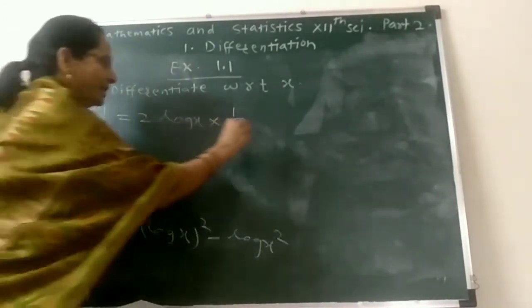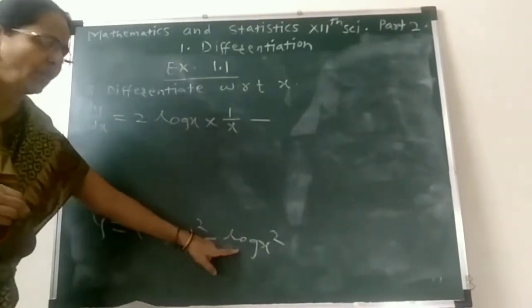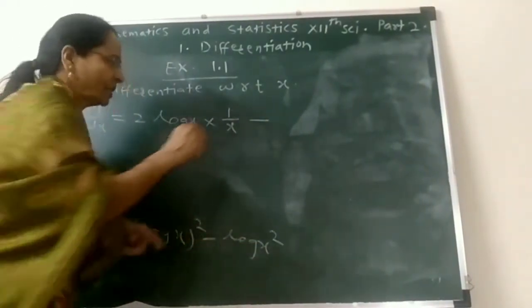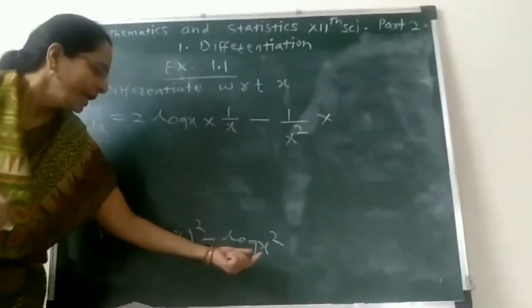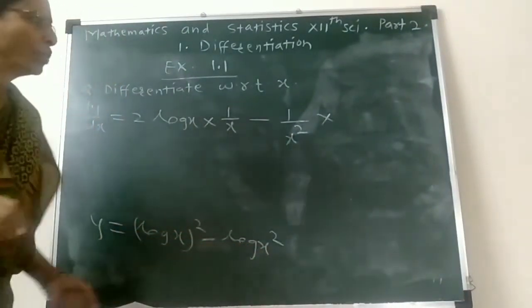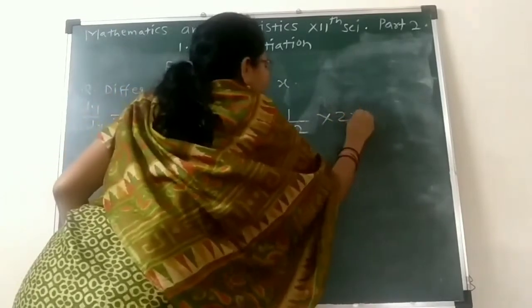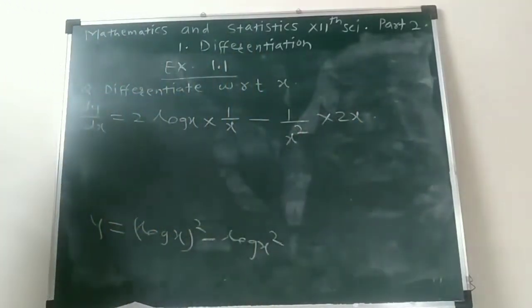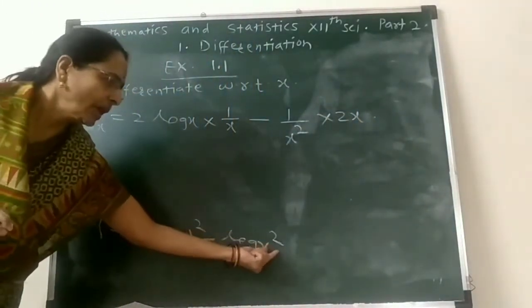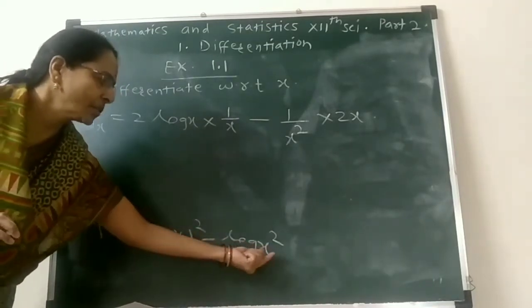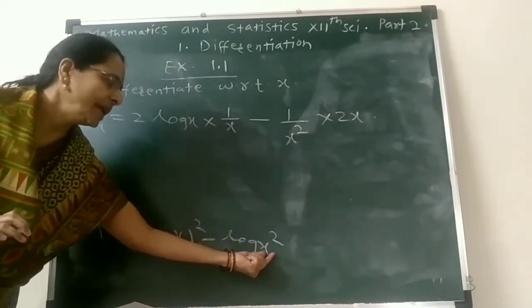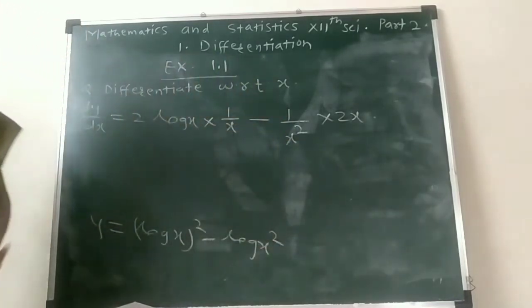Then minus log x square, derivative is 1 upon x square, into derivative of x square, which is always 2x. Log x square is a composite function, derivative 1 upon x square, again multiply by derivative of x square, which is 2x.